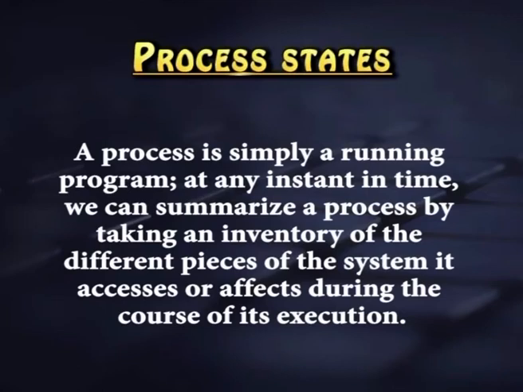At any instant in time, we can summarize a process by taking an inventory of different pieces of the system it accesses or affects during the course of its execution.